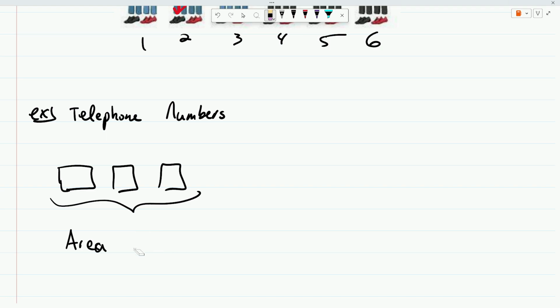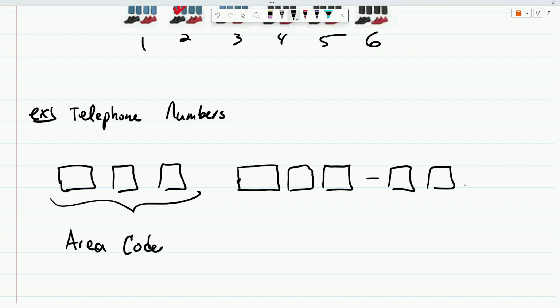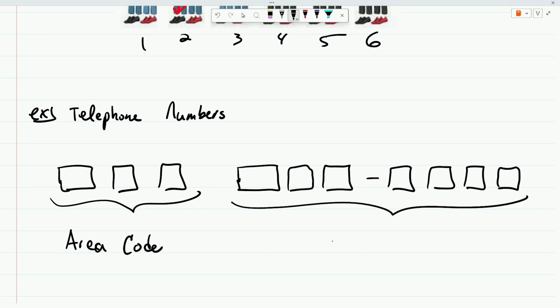Let me write that a little cleaner. Then you have the local telephone number itself. So there are 3 digits for the first and then 4 digits for the second. So this is going to be the local telephone number.